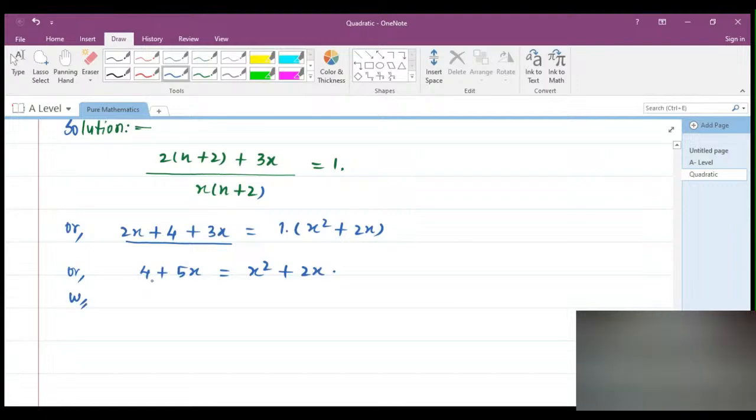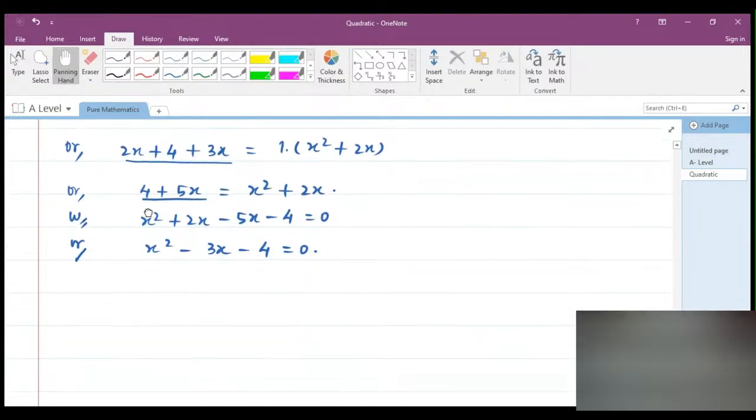When this term moves to the right hand side, then we get x square plus 2x minus 5x minus 4 equal to 0. So the next step will be x square minus 3x minus 4 equal to 0.